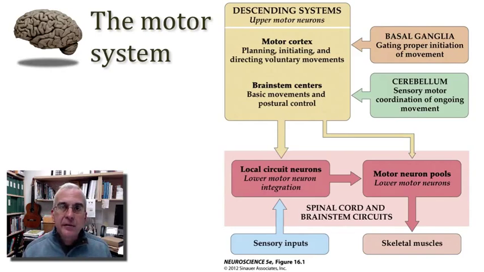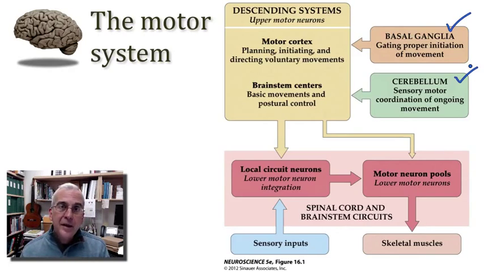Okay, lastly, as we continue to provide a broad overview of our motor systems, I want to talk about these structures that we find over here to the right-hand side of this figure, the basal ganglia and the cerebellum. Now, the basal ganglia and the cerebellum are not considered to be upper motor neuronal systems. You might wonder why. Neither the basal ganglia nor the cerebellum connect to muscle, so that might qualify them to be called upper motor neurons.